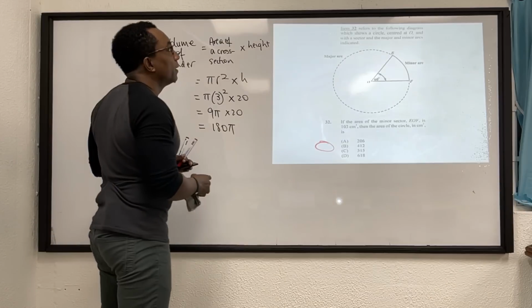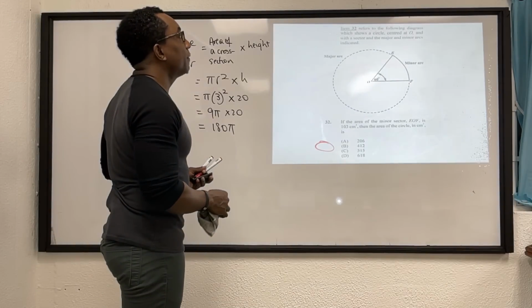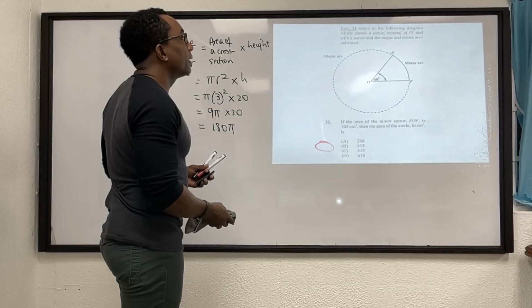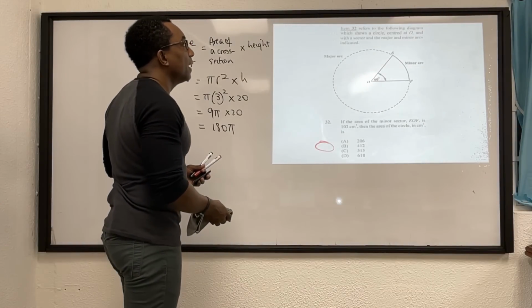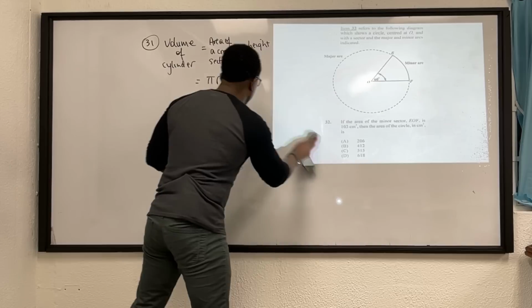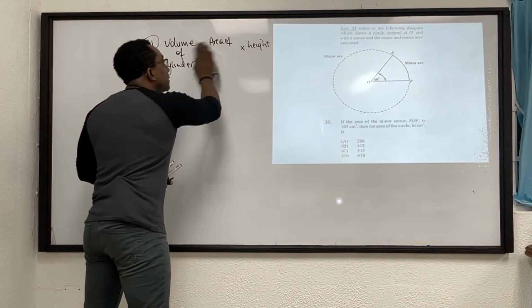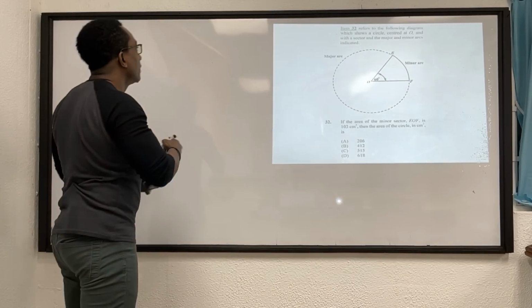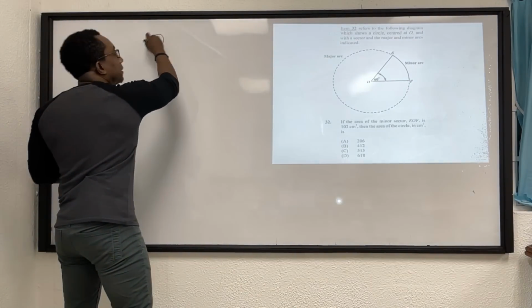Question 32. Items 32 refer to the following diagram, which shows a circle centered at O and with a sector and the major and minor arcs indicated. So for 32, we have here a sector.